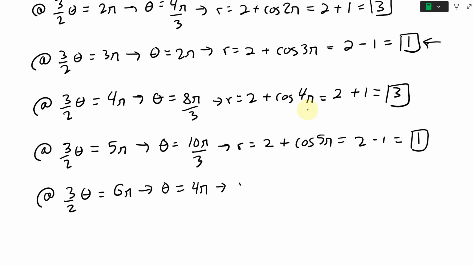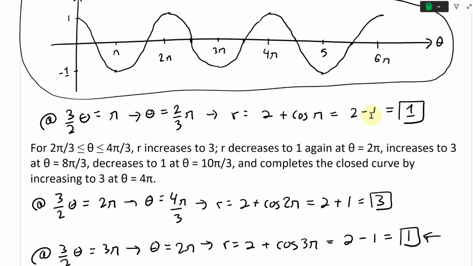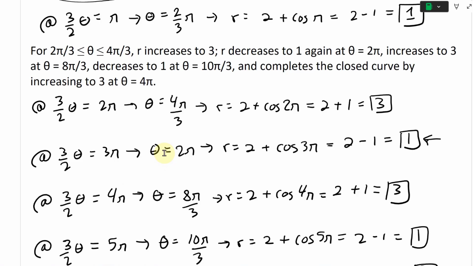So r is equal to 2 plus cosine 6 pi. This equals 2 plus 1 equals 3. So now we finally got back to 3, and the next one's going to go to 1. So we started off at 3, then we did a full loop at theta equal to 2 pi.